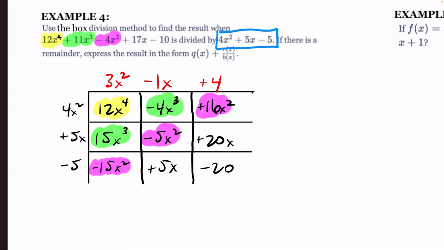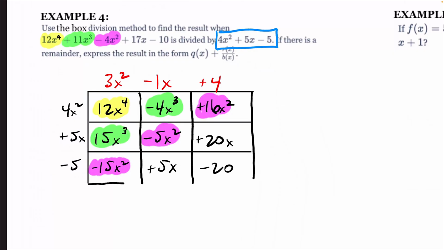Close that section of the box. Remember, I'm actually done, right? We're done with the box because there's no more x values. X squared, x, 4, we're done. So the only thing left is the remainder column.